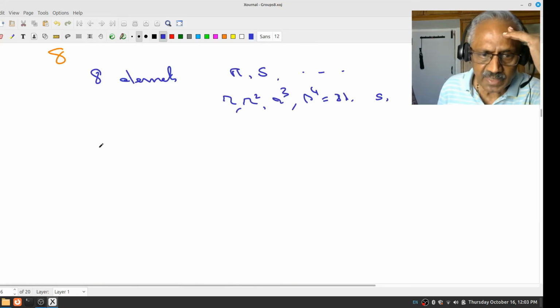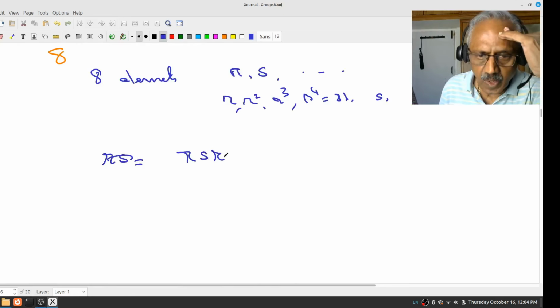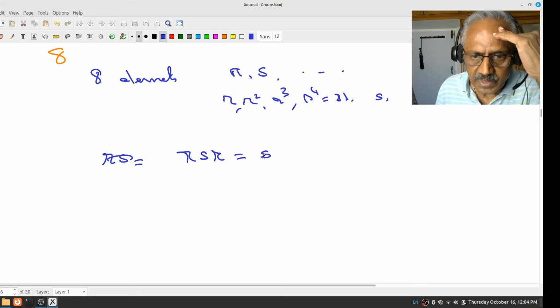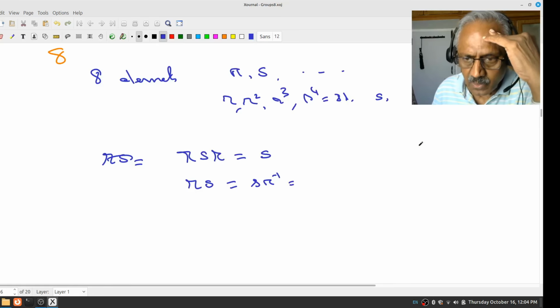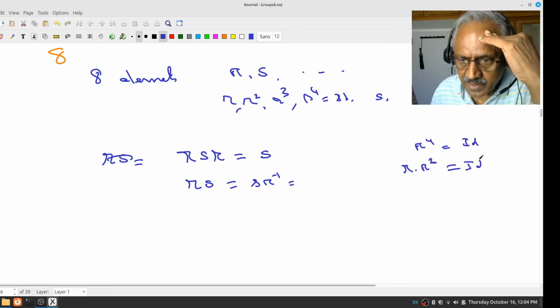Suppose let us look at what is RS. RSR equals S, and therefore let us multiply both sides by R inverse. This is S R inverse. But I know R power 4 is identity. That is R into R cubed is identity.